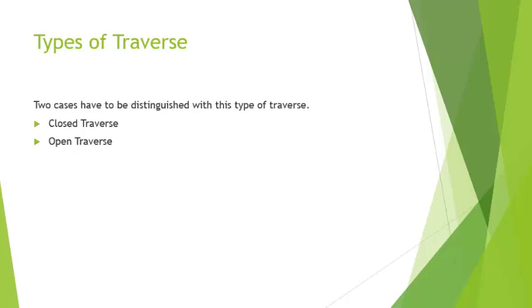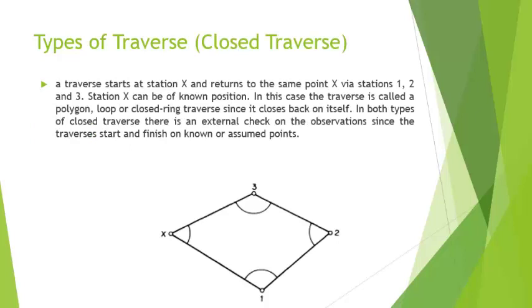There are closed traverse and open traverse. Closed traverse is the one that starts with known information such as its starting coordinates or the bearings and distance from that control station to the other nearest control stations. There are two formations of closed traverse.